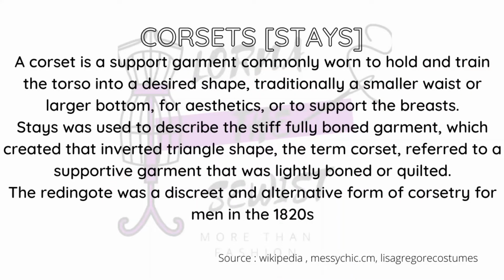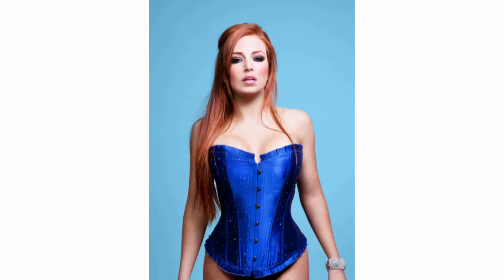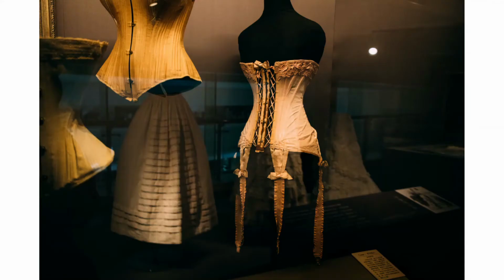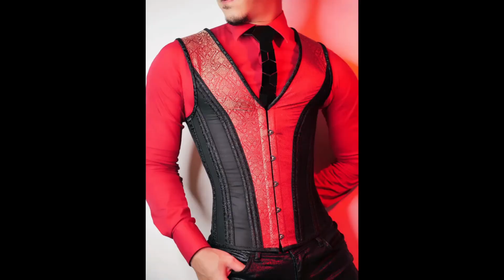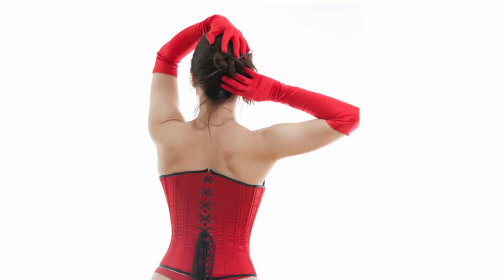A corset is a woman's tightly fitting undergarment extending from below the chest to the hips, worn to shape the figure. It has various parts and types and distinct features that I am going to dwell more on in this specific episode as we explore corset anatomy. Men also have corsets, and they are called redingcoat.